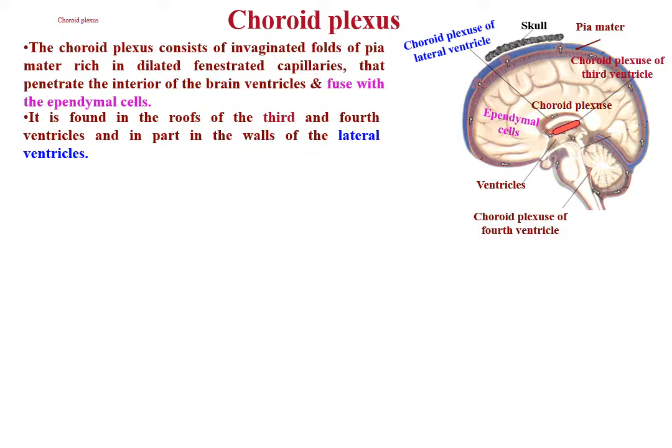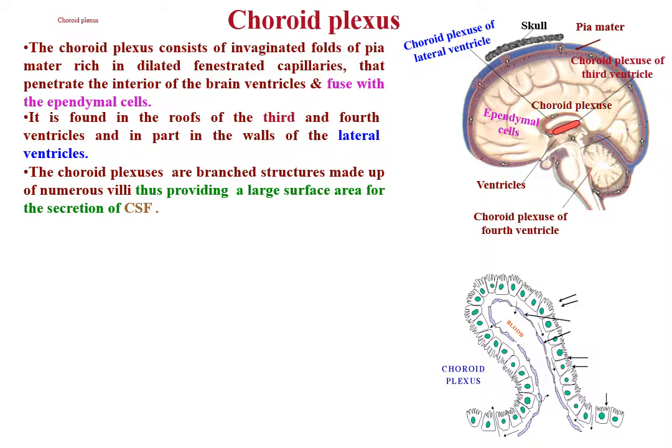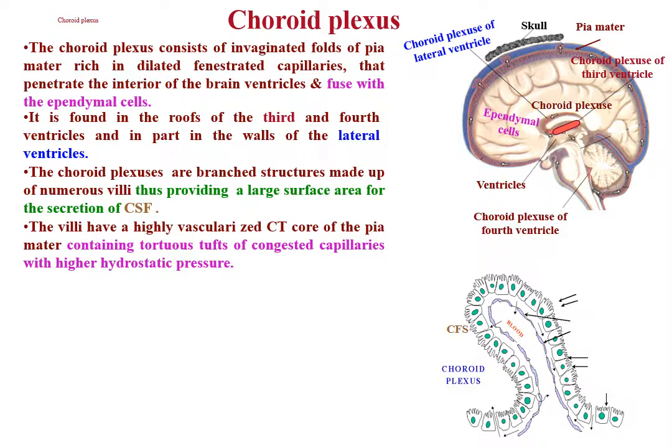The choroid plexuses are branched structures made up of numerous villi, thus providing a large surface area for the secretion of CSF. The villi have a highly vascularized connective tissue core derived from the pia mater, containing tortuous tufts of congested capillaries with higher hydrostatic pressure.